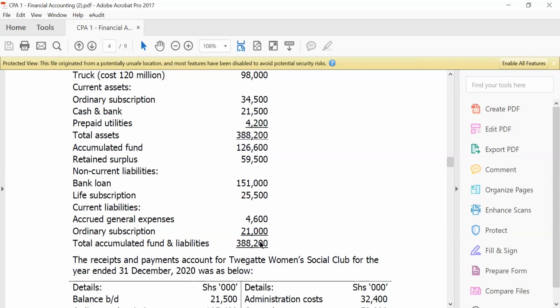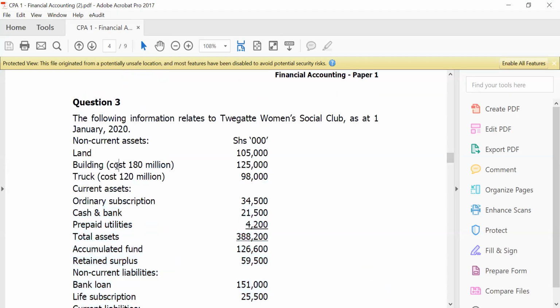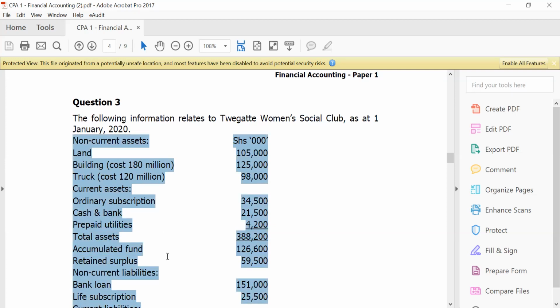And after this, we get our total accumulated fund and liabilities. Now, what has been drawn here is what another person might want to call a statement of affairs. A statement of affairs usually looks at the beginning balances.